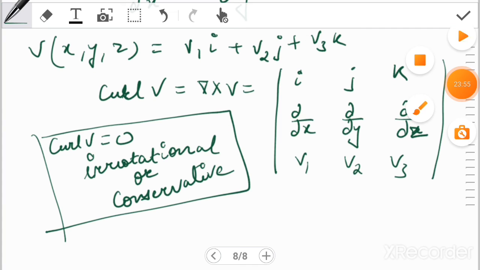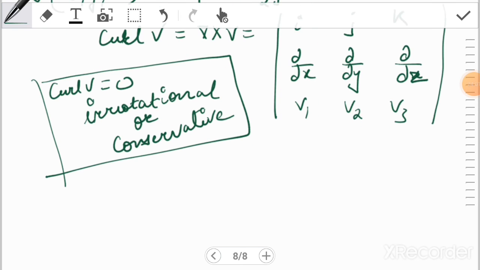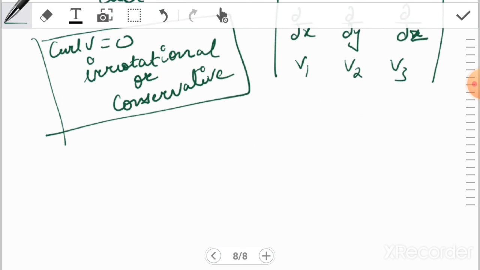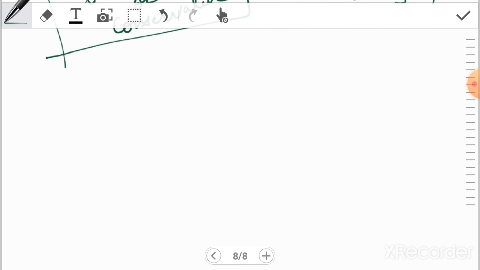Now that we have learnt gradient, divergence and curl, let us derive some important results. We want to find the divergence of curl of the vector f.